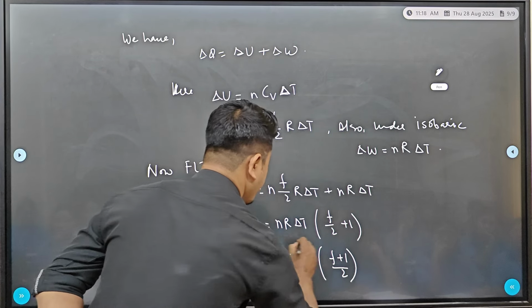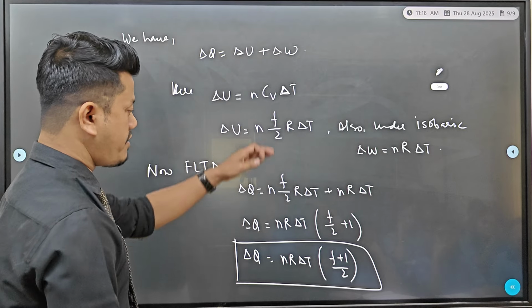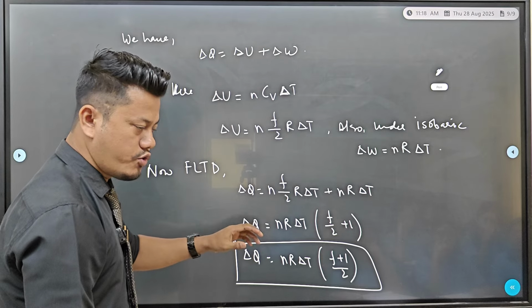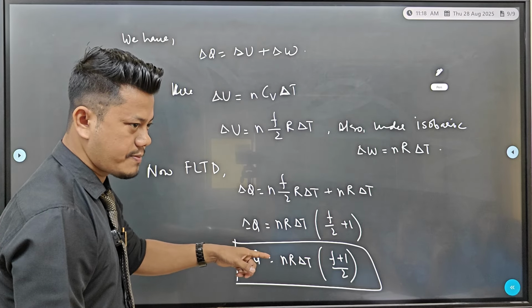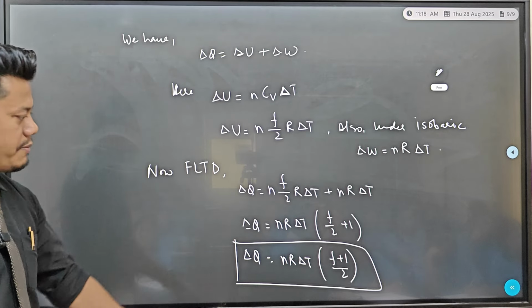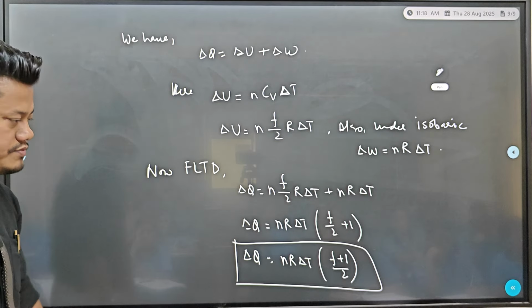This is also one of the expressions under the first law of thermodynamics, which reduces under the isobaric process. I can manipulate this again, but please note it down till this much. We can manipulate this in terms of gamma also.